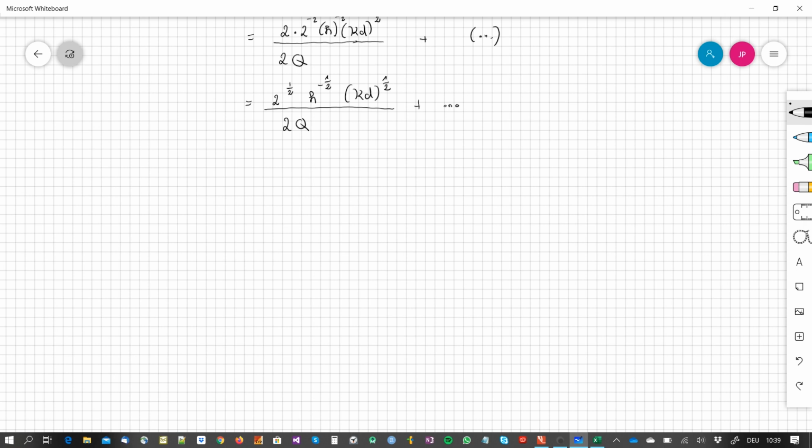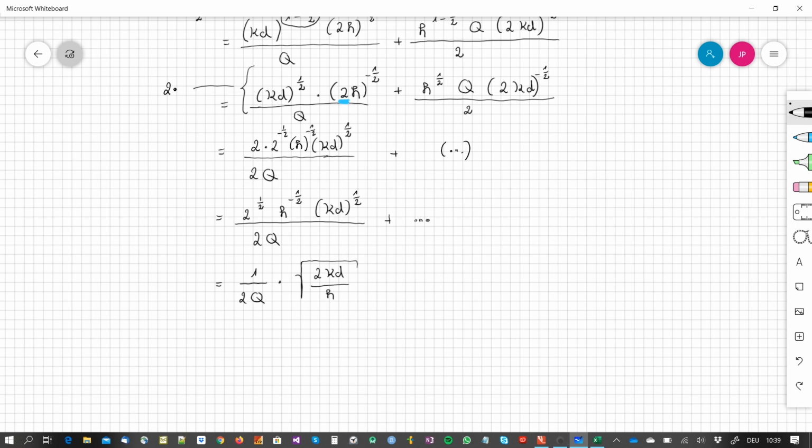If we now rearrange the terms that we have, we can put them in square roots, and then we get the square root. The 2 and the kd are in the numerator, and the h is in the denominator. And I do the same here. I just spared writing it.